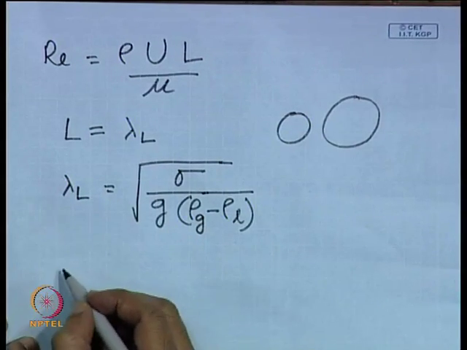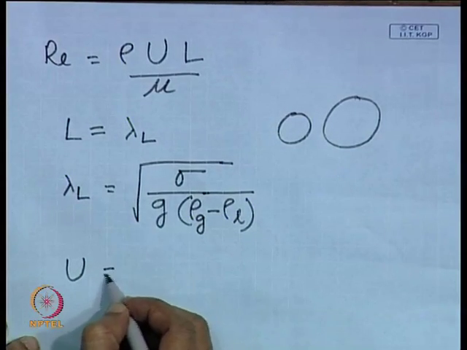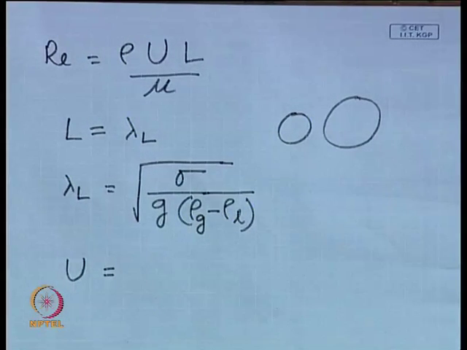Then, how is the velocity u defined? The velocity can be defined like this. You see, there will be some heat flux given, and the more the heat flux, the more the heat transfer. So, that means the heat flux has a direct relationship with the velocity.